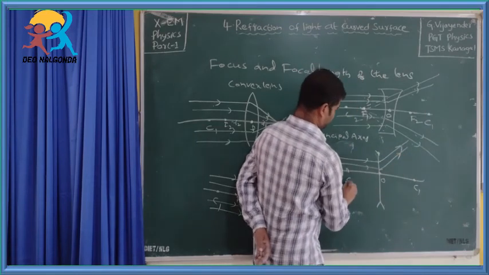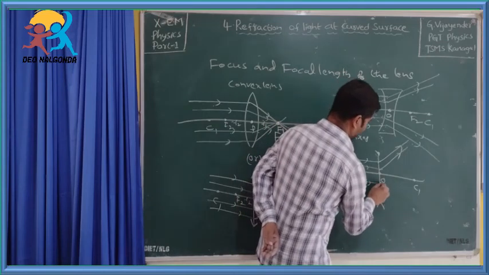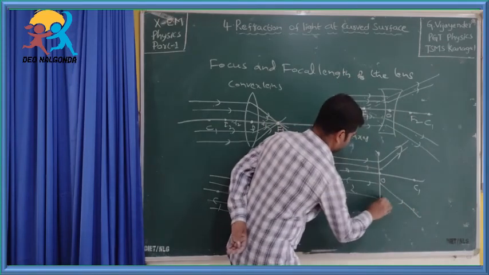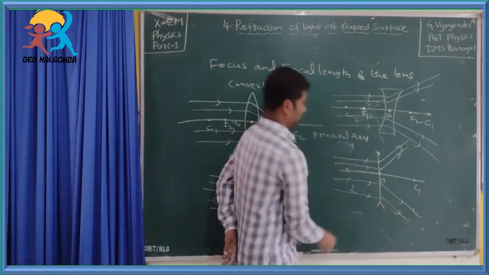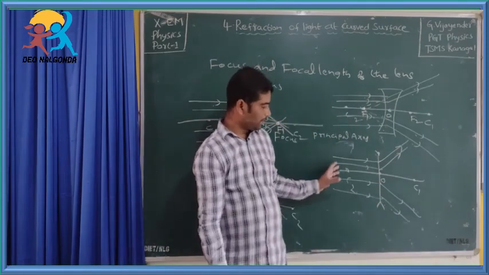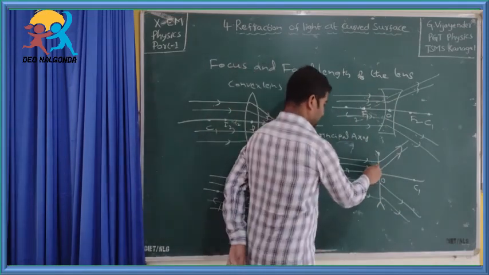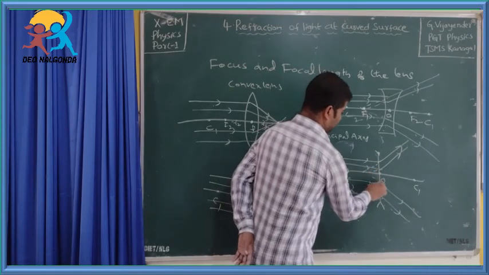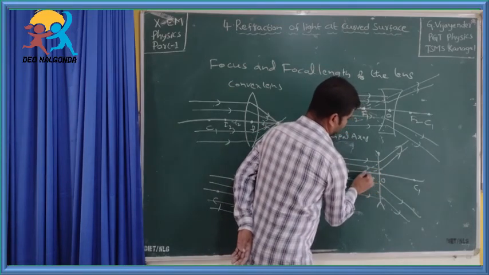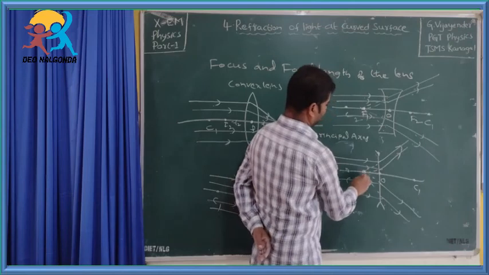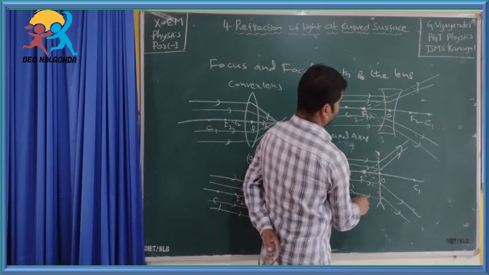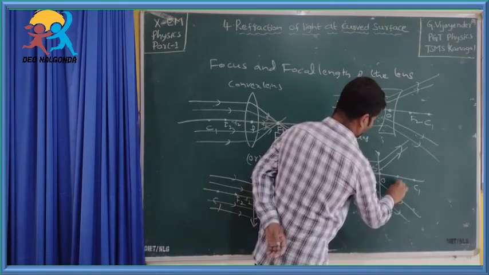If we extend these refracted rays backward, they appear to diverge from this point. This point is called focus F1. On the other side we have another focus, F2.